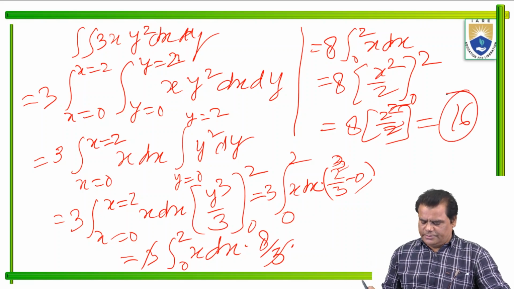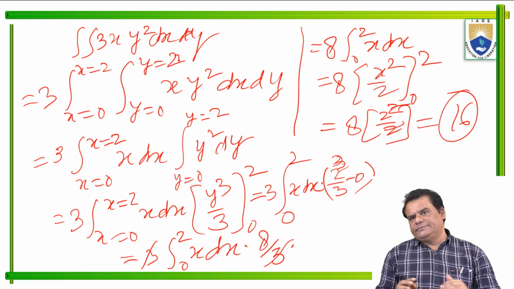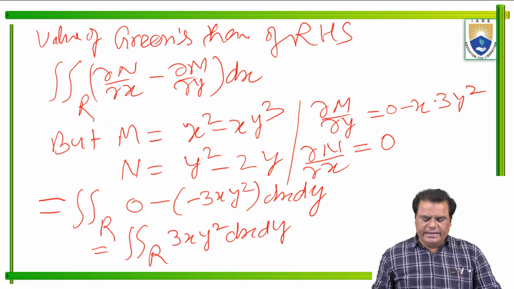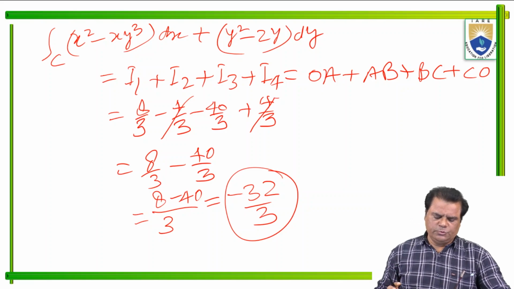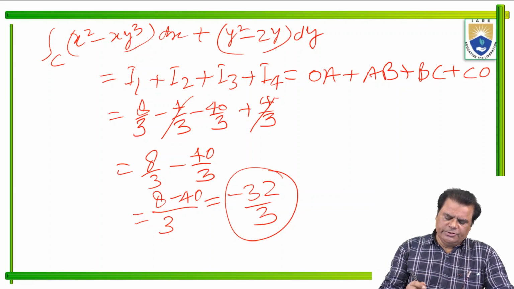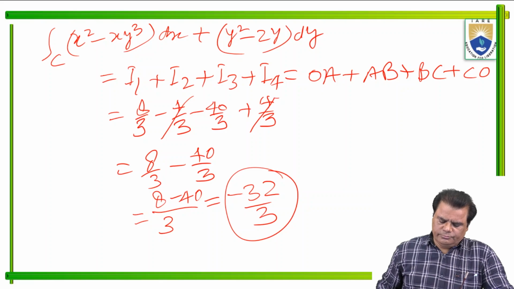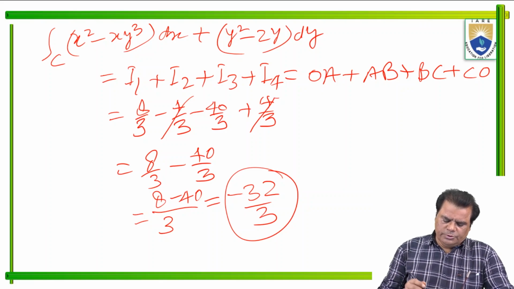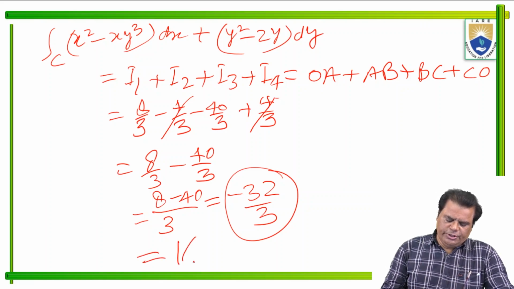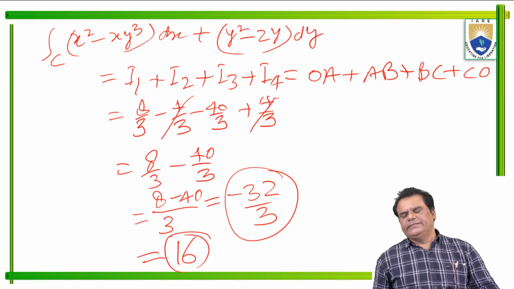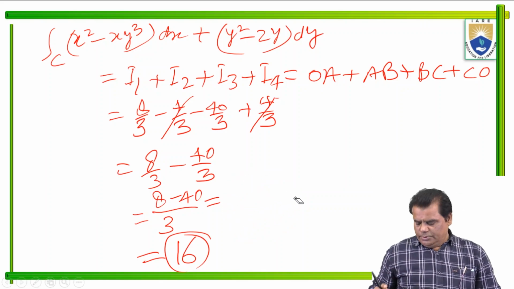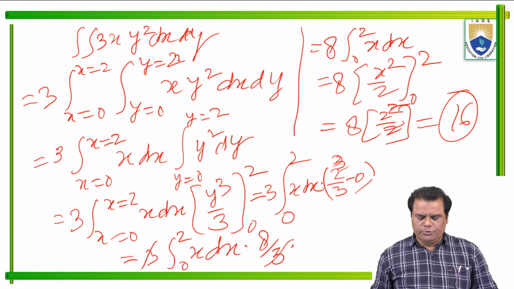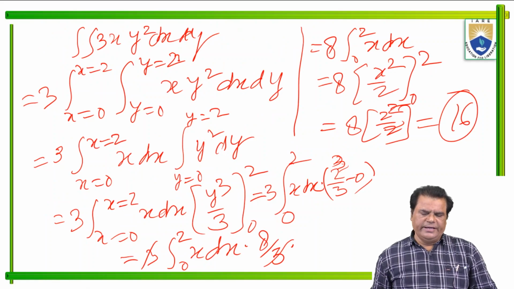The right hand side has value 16, and the left hand side, I1 plus I2 plus I3 plus I4 total is 16. So LHS equals RHS. So this verifies Green's theorem.